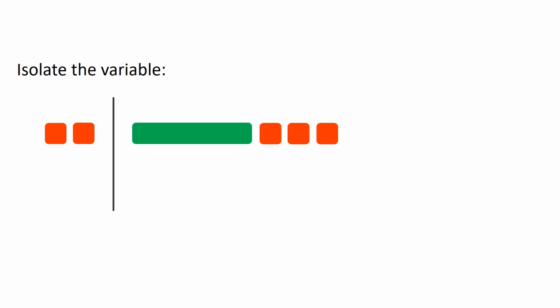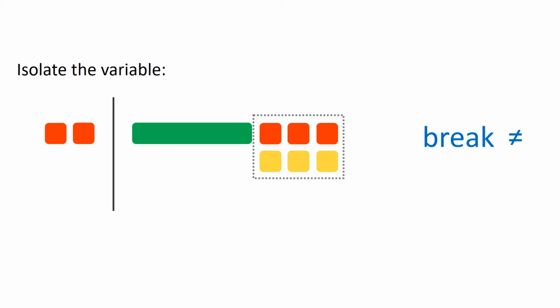Looking at another example here, we want to isolate the variable, and we would have to do that by adding 3 positives into that model, which will 0 pair. To repair the equation and make it equal or balanced, we need to do exactly the same, this time on the left-hand side.